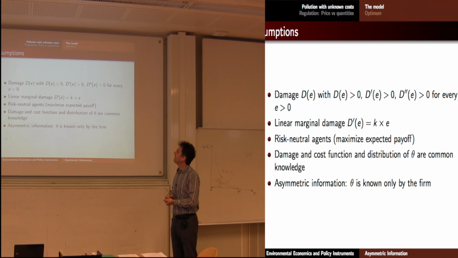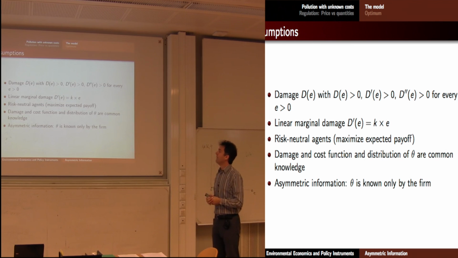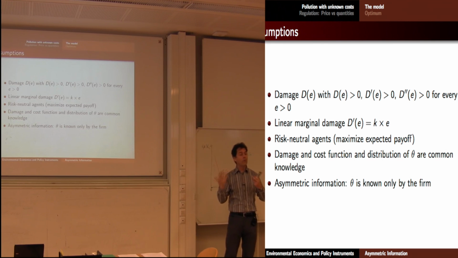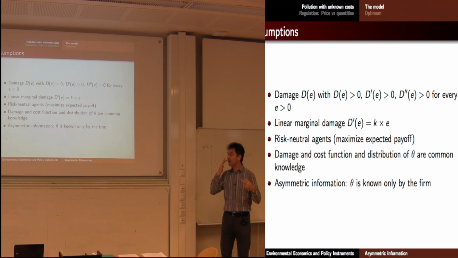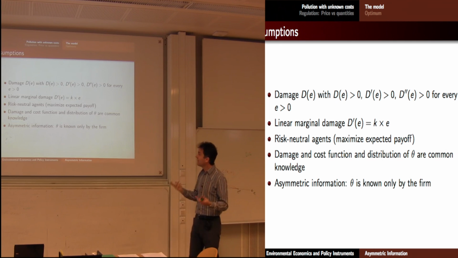Then we will consider that these two agents, the victim of pollution and the firm, are risk neutral. There is risk from the regulator's point of view, because the regulator does not know the type of the firm, and so he assigns probability nu and 1 minus nu to each type, and therefore he will pick the regulation that minimizes the expected social cost of emission.